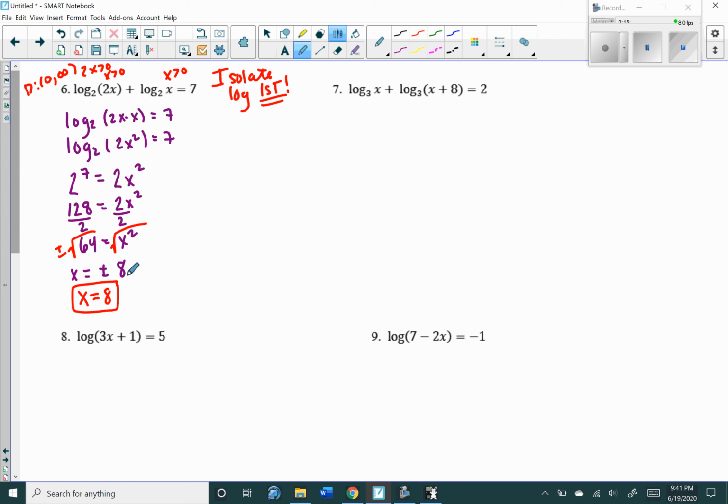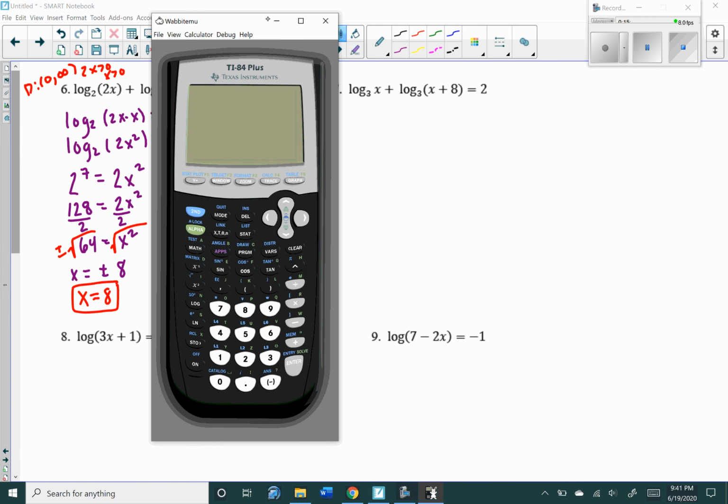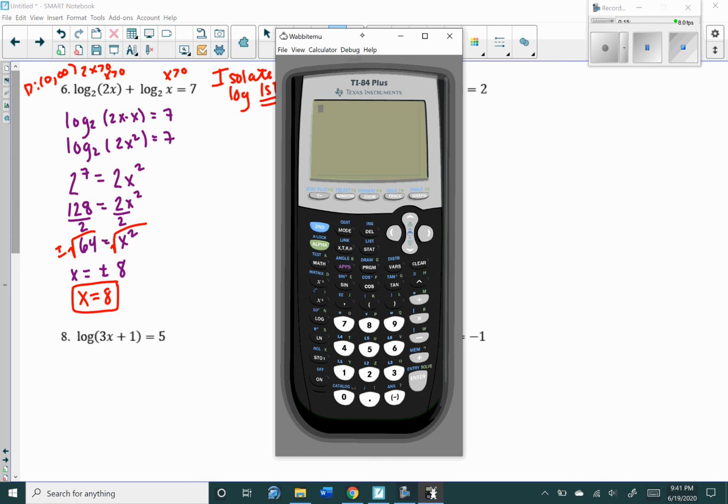Of course, you could always check this by plugging your value back in. So if we look at this with our calculator, you would even see that if I do math log base 2 of 2 times 8 plus, and then math log base 2 of 8, enter, you get 7.